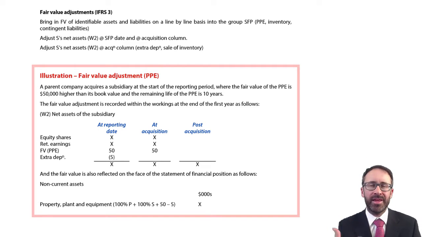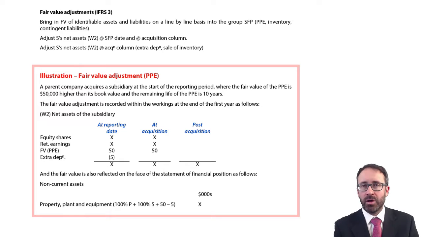So going back, if you like, and thinking about IFRS 3, we don't get involved in the nitty-gritty detail of what IFRS 3 is all about. We can save that until strategic business reporting. But what IFRS 3 does is it talks about business combinations, of which the acquisition of a subsidiary by the parent is a business combination.